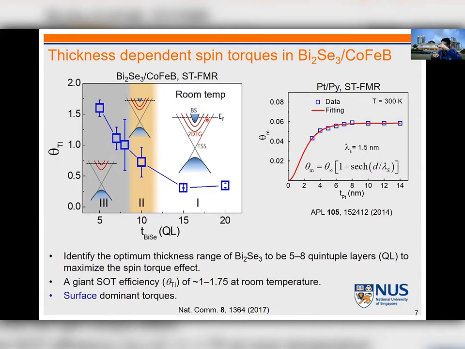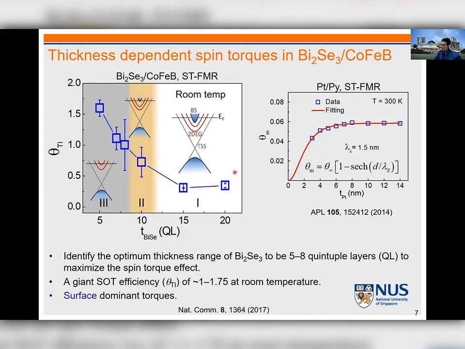As we make it thinner and thinner, the bulk contribution gets smaller and the other contributions get larger. Eventually, once we make it very thin, we can have transport dominated by the surface state and some contribution from the two-dimensional electron gas. Because of this, we can have a very large effective spin Hall angle if the film is quite thin.